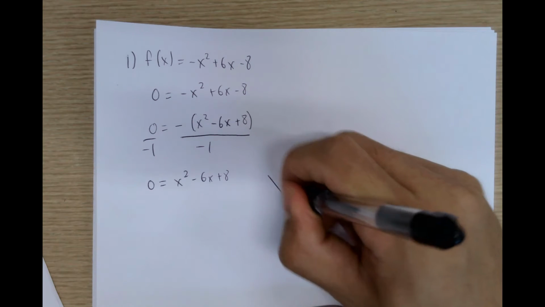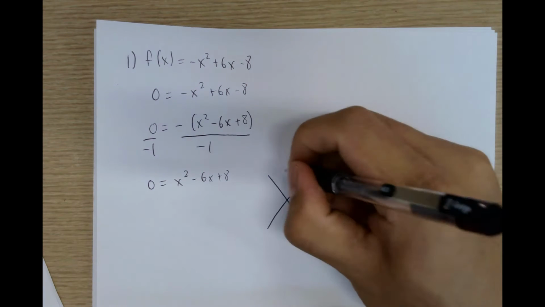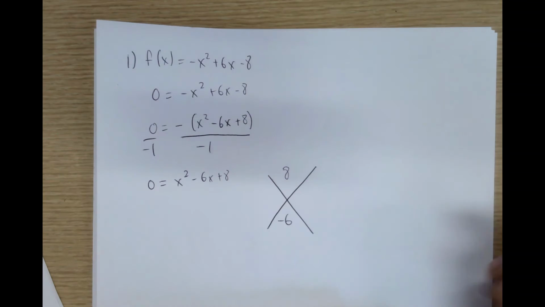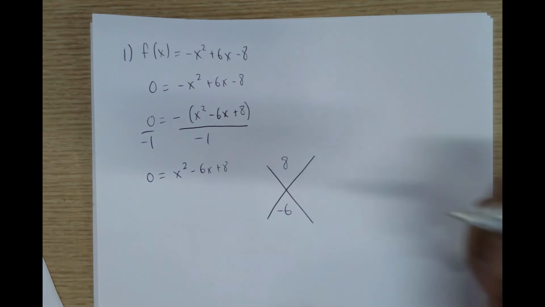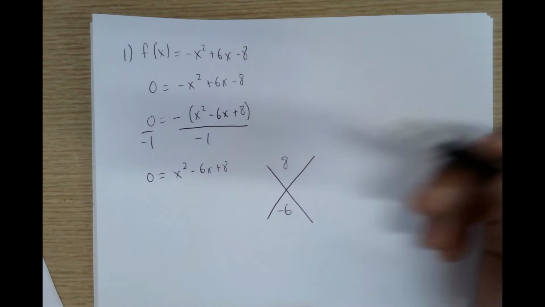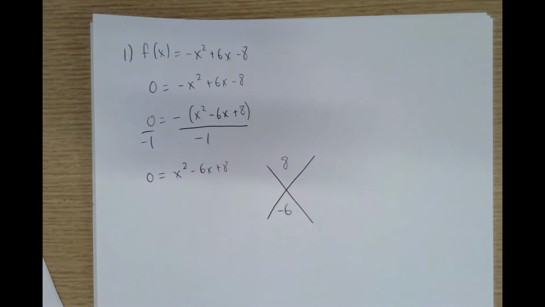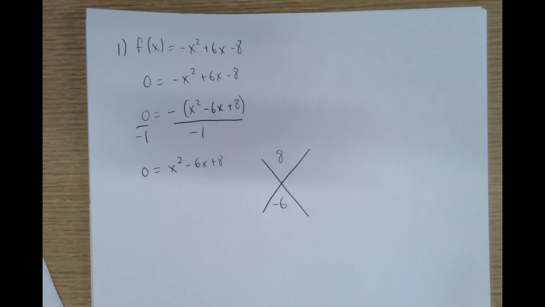So again, this one is an organizational method. It is not necessarily mathematics here. So really you want to think about what two numbers when multiplied equal 8 and when added together equal negative 6.